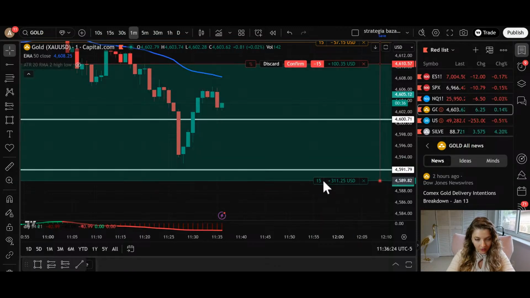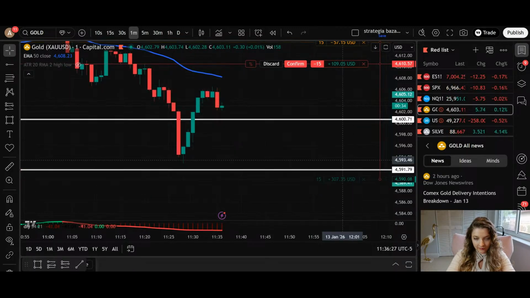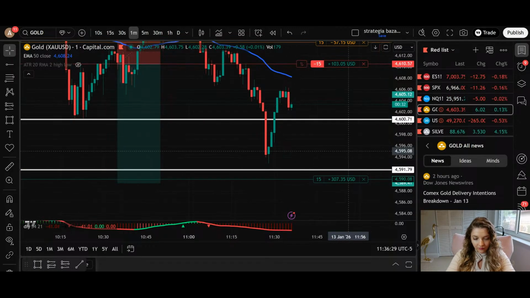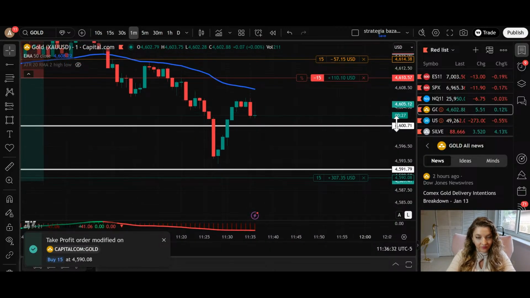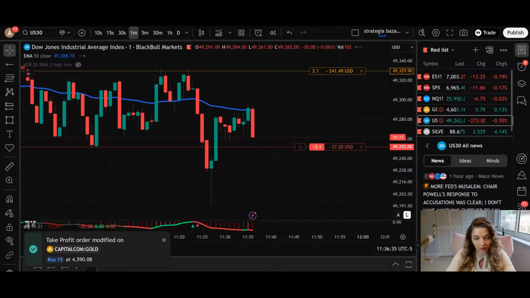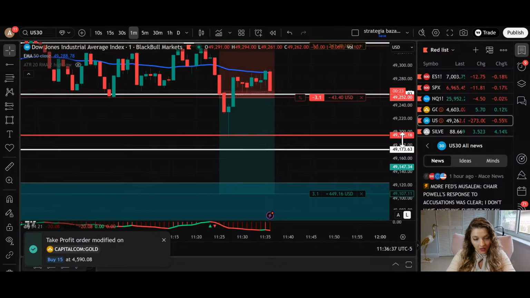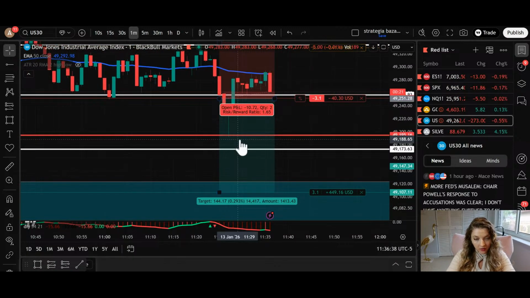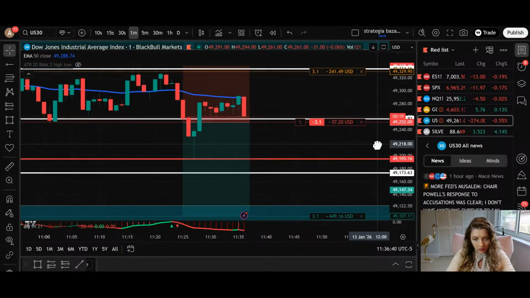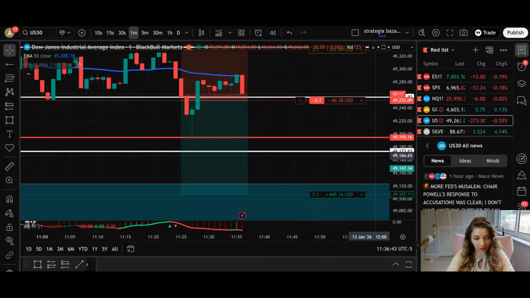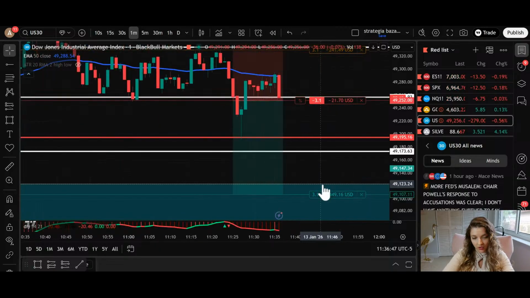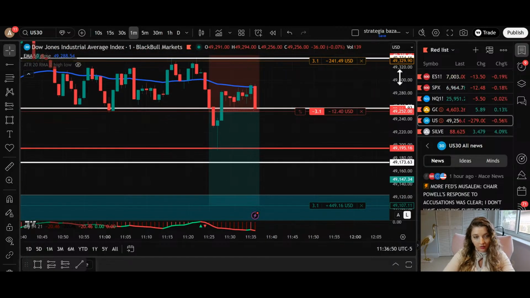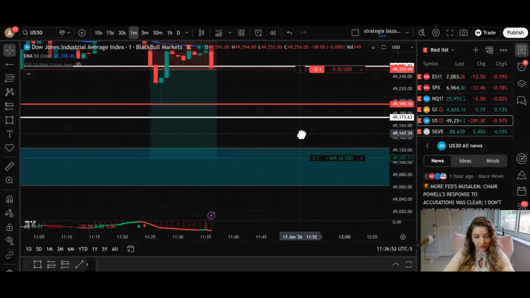Let's put it at 9-0 like yours. Here we go. US30 take profit is 49. Let me make sure. 491007. So when it touches this blue area, you want to see how it moves.